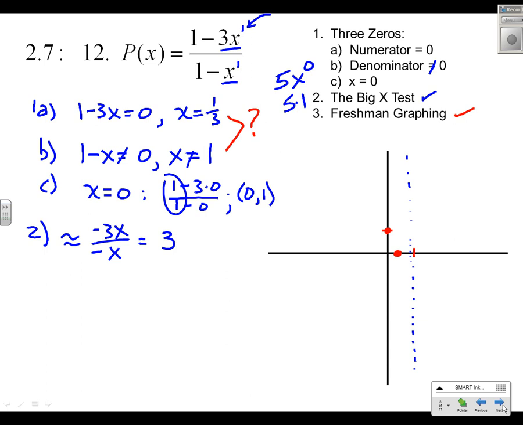This graph wants to be a constant. First degree divided by first degree, 0th degree, it wants to be a constant, and the constant that it wants to be is 3. So the graph is going to get sucked up to 3, which, to be honest, I think gives me enough information to know what's going on on the left side of this graph, but we'll get back to that in just a minute.